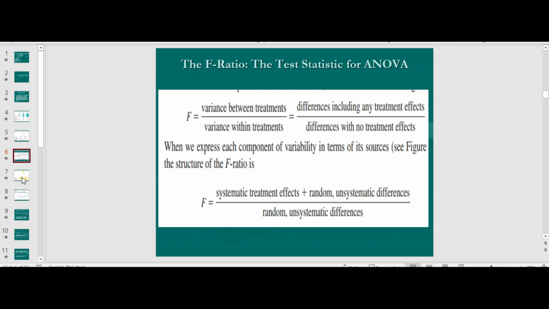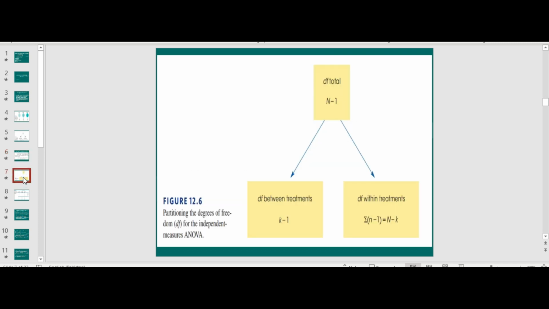Next is the concept of degrees of freedom. The degree of freedom is needed to calculate the critical region for hypothesis testing. To see the tabulated value of the F ratio from the table, we need the DF of between treatments and the DF of within treatments.